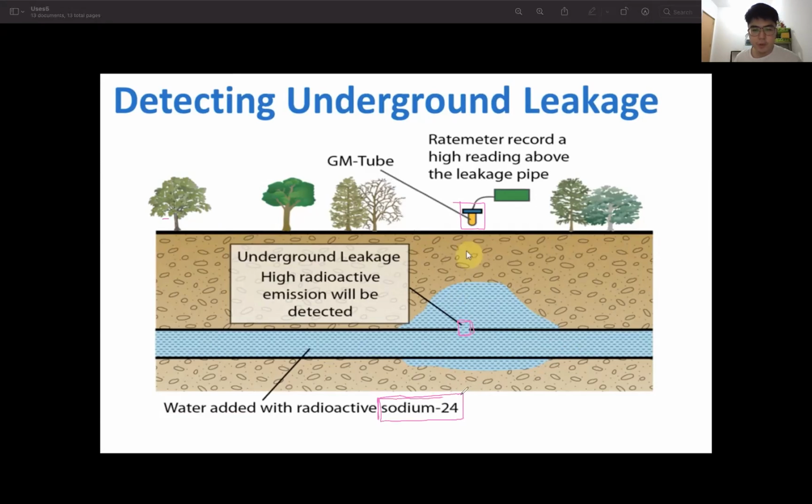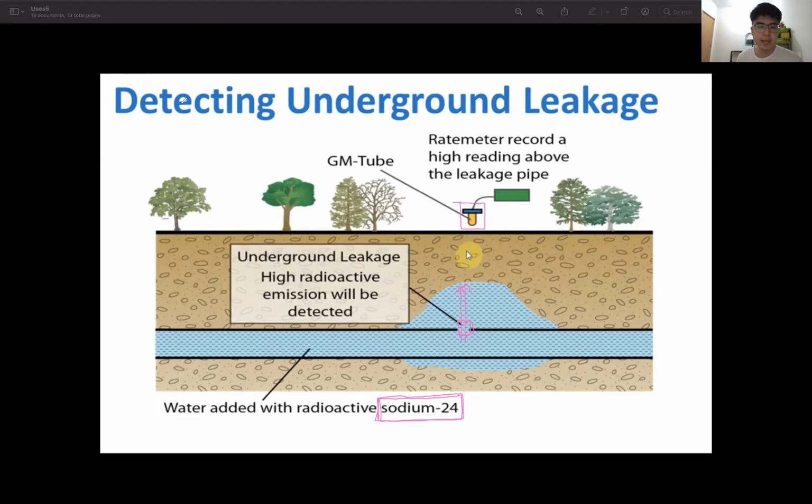Sodium 24 is a radioactive isotope, so it can emit radiation. So if there's a leakage here, you can suddenly detect a very high dose of radiation as you scan through with the GM tube. Then you know there's a leakage of the pipe at this region here.